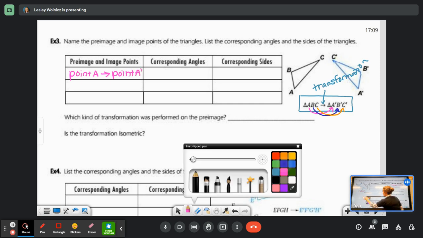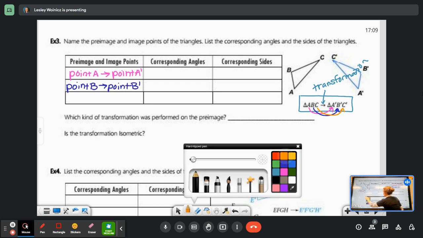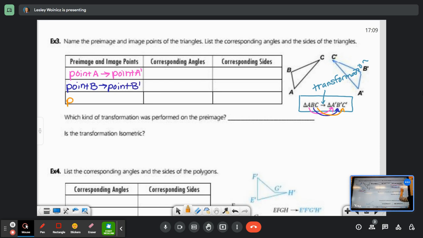We said point B gets transformed into point B prime. And point C gets transformed into point C prime. We get all that from the order in the rule.